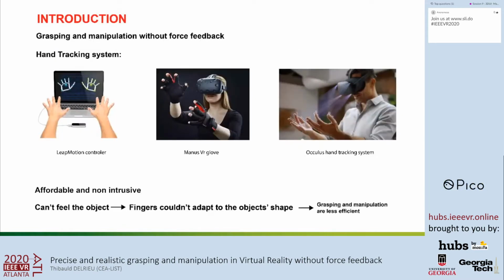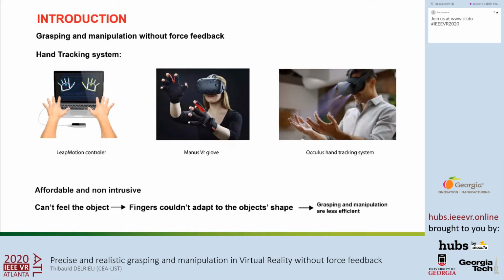Another way, there exist affordable and unintrusive devices which just track the hand in space, which could perform grasping and manipulation without force feedback. There are the Leap Motion controller and the Manus VR Glove, for instance, but also recently the Oculus hand tracking system, which provides accurate hand tracking in the environment.